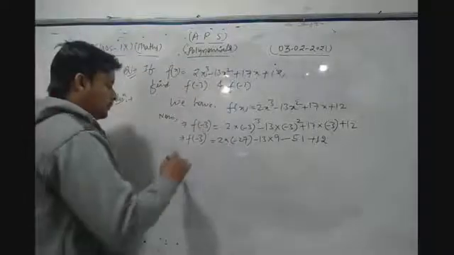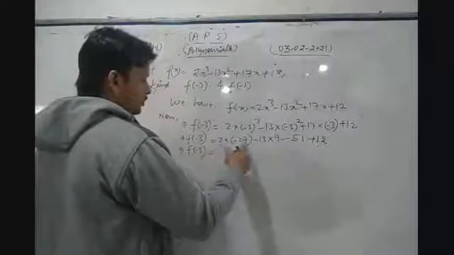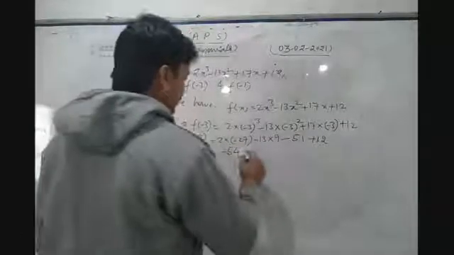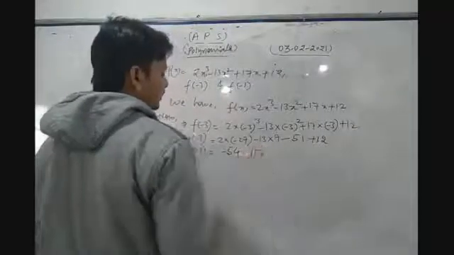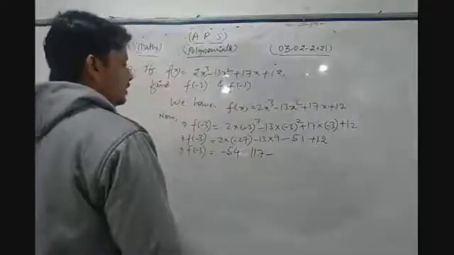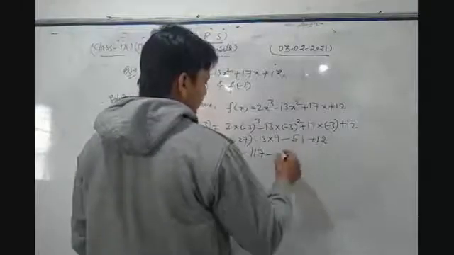Now we simplify: f of minus 3 is equal to minus 54 minus 117 minus 51 plus 12, which is minus 39.